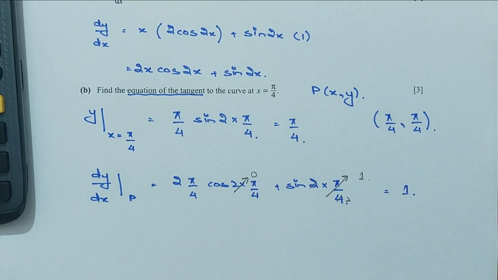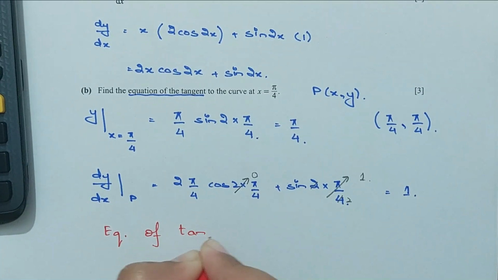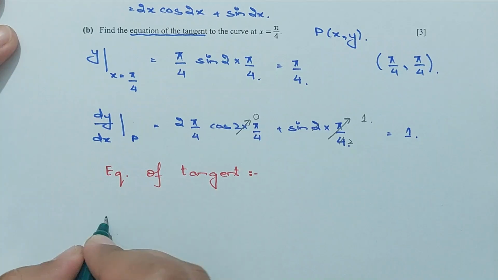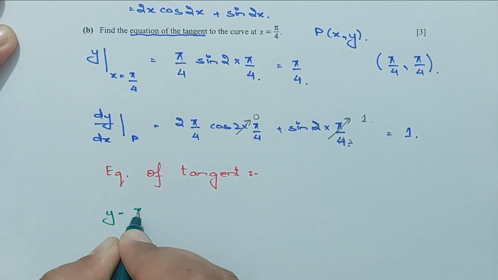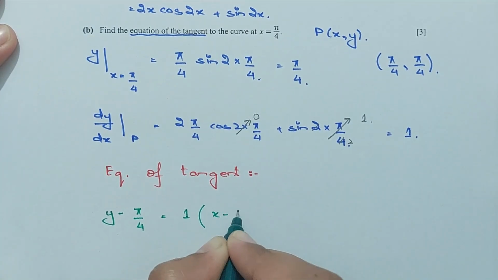Right? Now let me write down the equation of tangent. The equation of tangent is y minus y naught equals m times x minus x naught. So we have y minus y naught equals m, the gradient, which is 1, times x minus x naught.